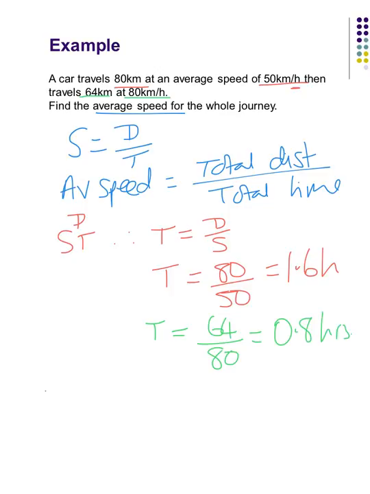Therefore, the average speed is the total distance travelled, so we'll have our 80 plus 64 divided by the total time taken, 1.6 plus 0.8.